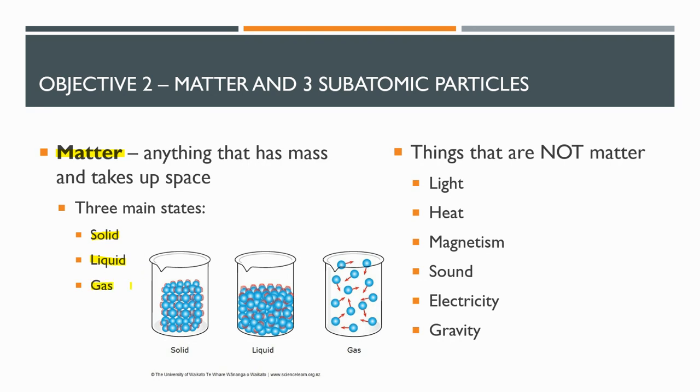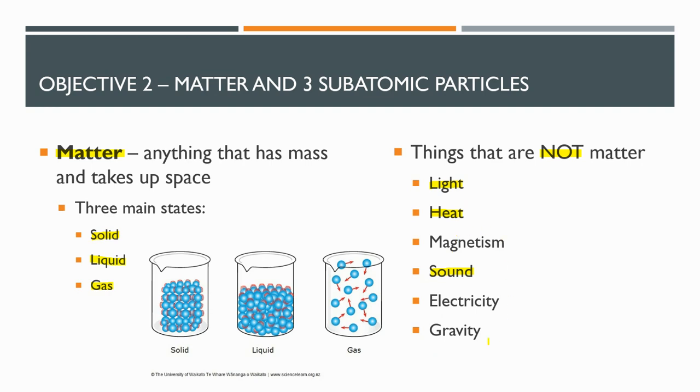Now, not everything has mass and takes up space, so there are some things that are not matter. These items are either forces or a type of energy, like light energy, heat energy, and sound, which is a type of wave and a type of energy.